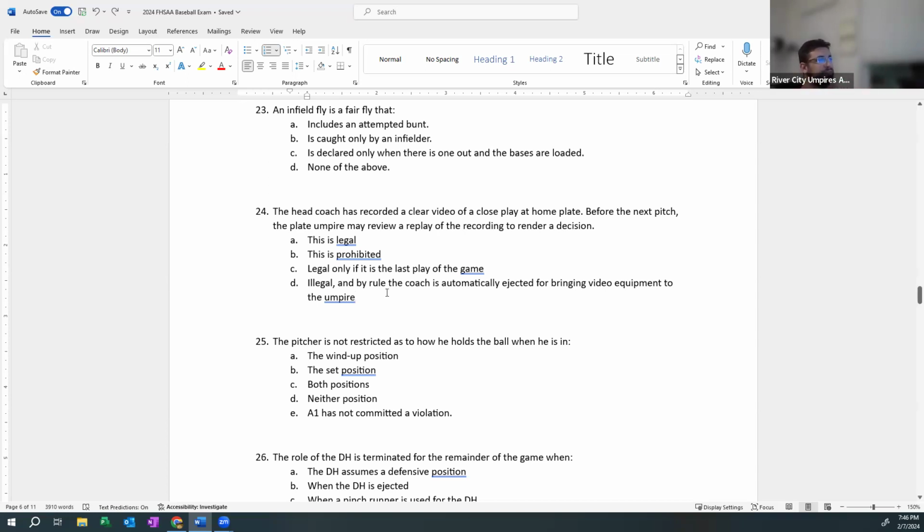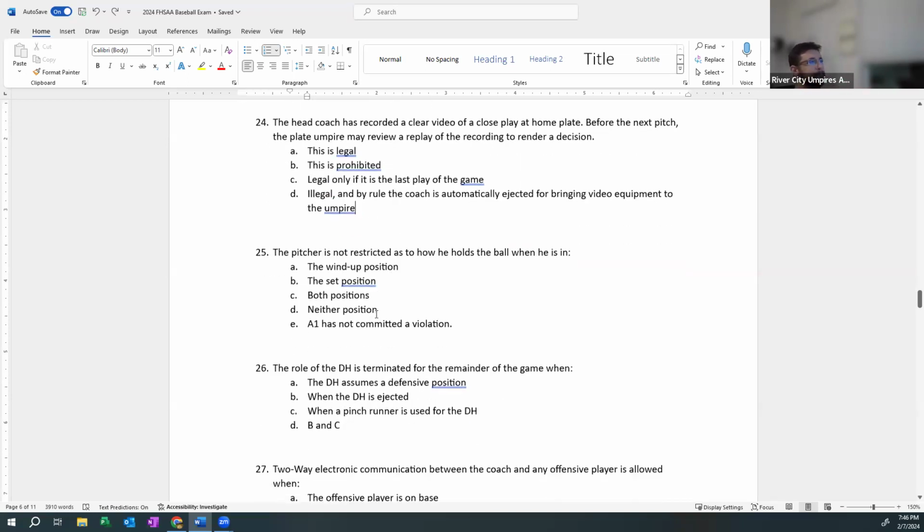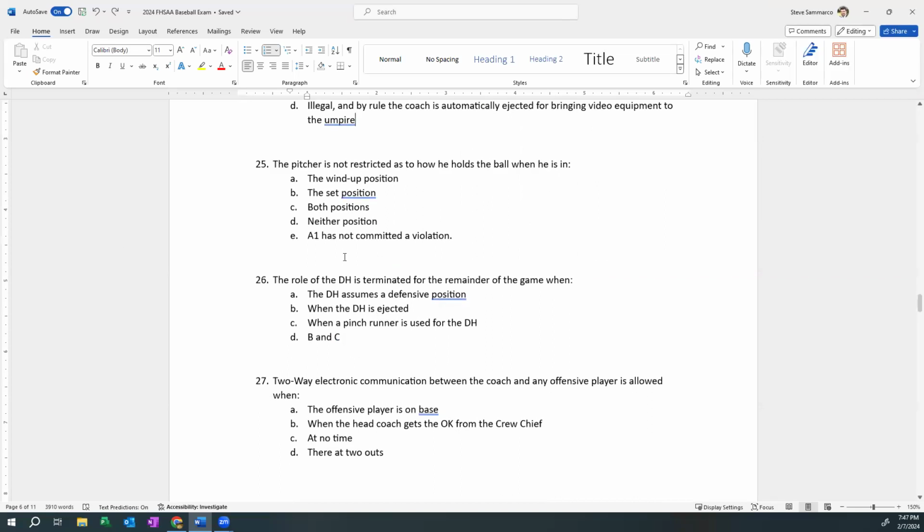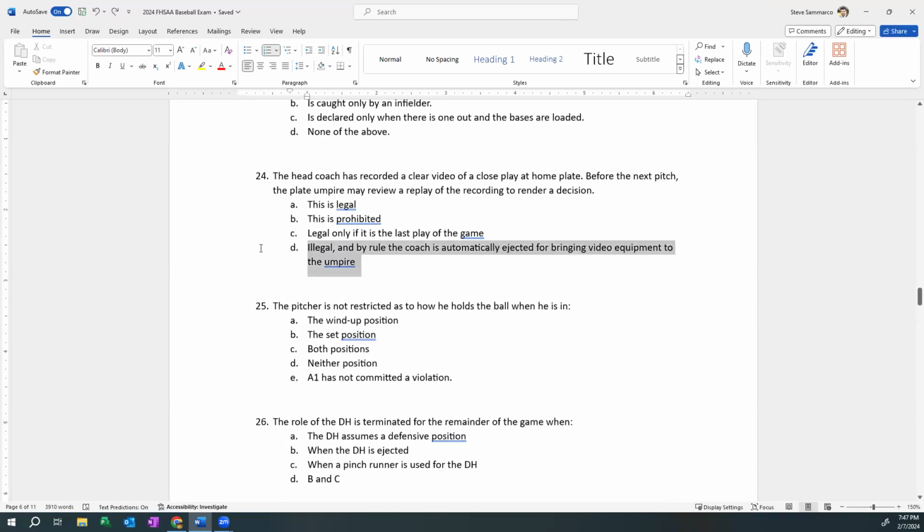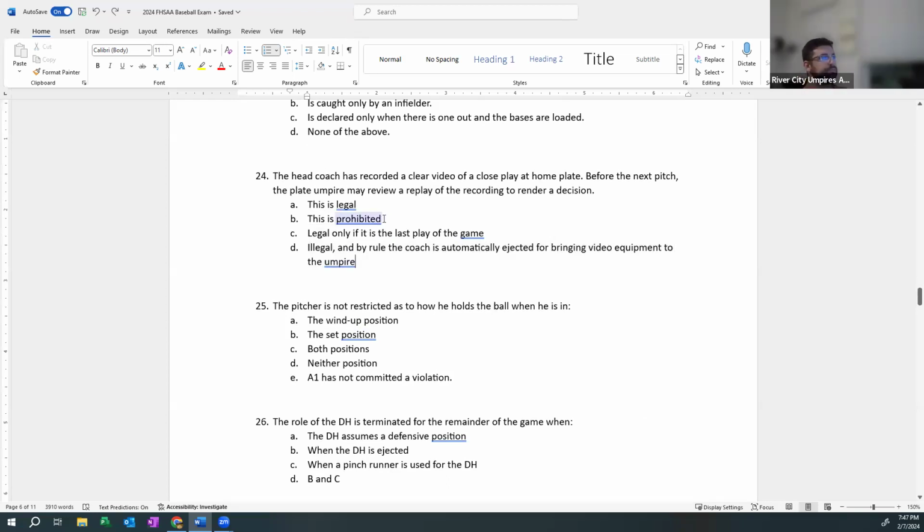So this has to be illegal, right? Wait a minute, no, because the rule book says it's only prohibited. Well, what did you say the answer was? It is prohibited. What is the penalty? There is no penalty. It's only prohibited. It doesn't say there's a penalty. I've looked this up extensively. There used to be a penalty, right?